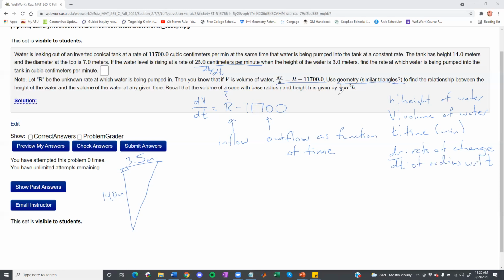This is another thing they're hinting that you use. We know that the volume of the water in this tank is going to be equal to 1/3 pi r squared h, just based on it being a conical shape in the water.